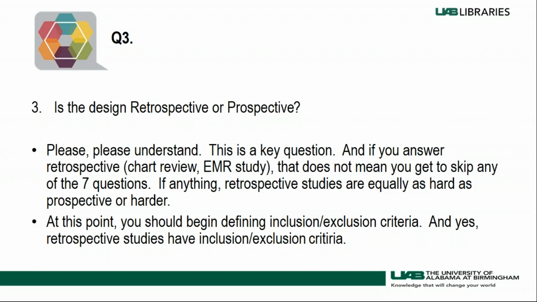Who should be in the study? Who should be in the study? Who are you going after? Why? Can you justify that for me? Because again, that's going to play into the budget, because we're going to eventually come back and say, we need this number of individuals. Can you get to that number of individuals?